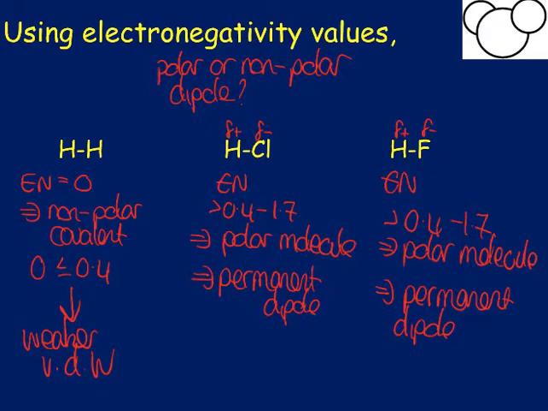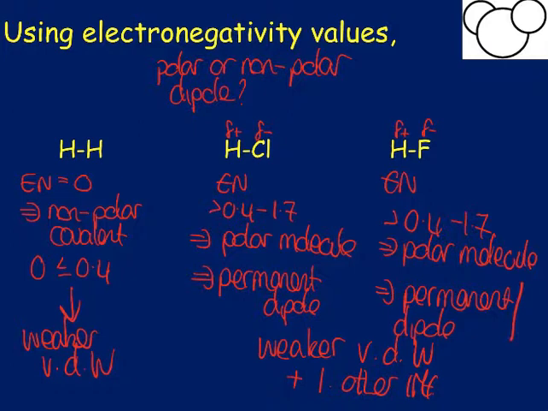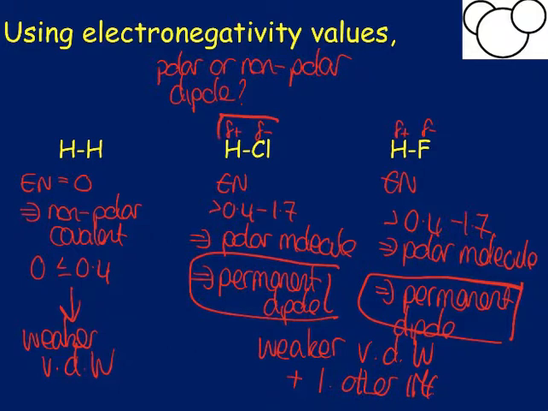These guys are obviously both going to have weaker van der Waals, and we're going to now figure out by the end of today which of the other intermolecular forces do these have. So they each have one other intermolecular force. Okay, but I just highlight the fact that these guys both have permanent dipoles present, and that the permanent dipoles is the fact that we're putting this little thing on our diagram and there's nothing to cancel them out.